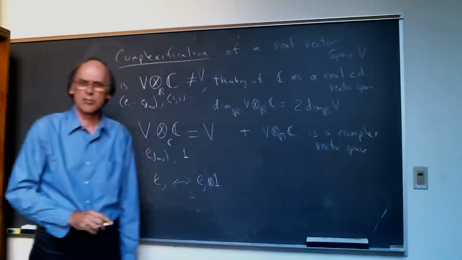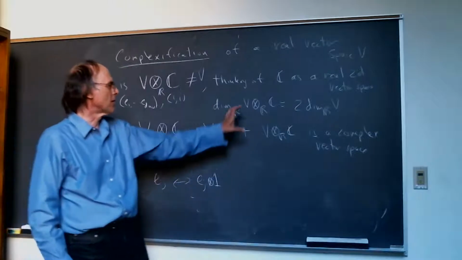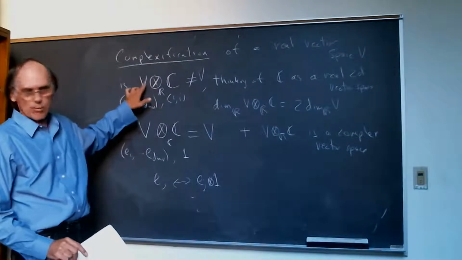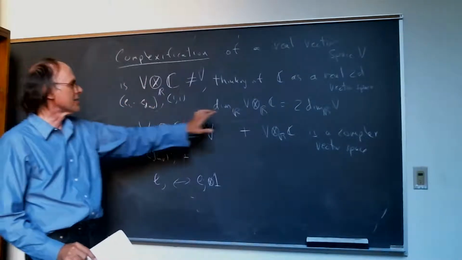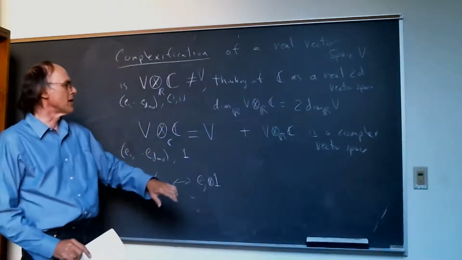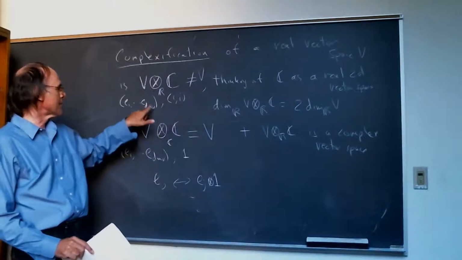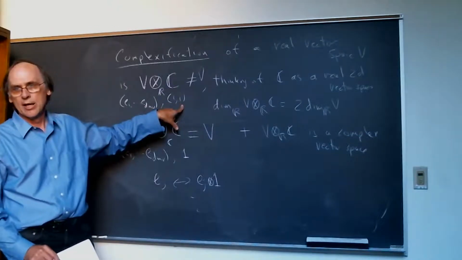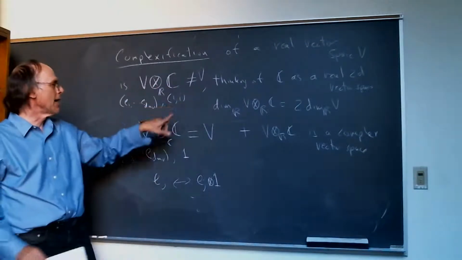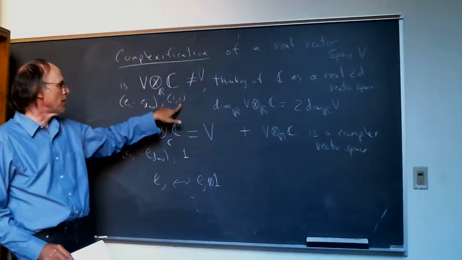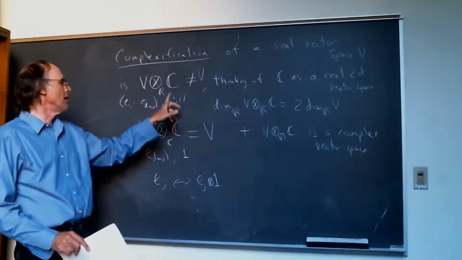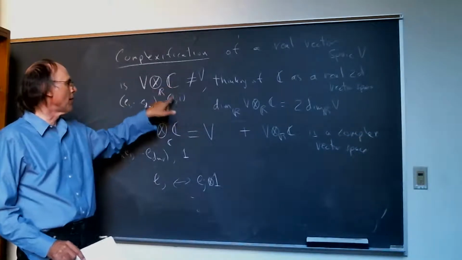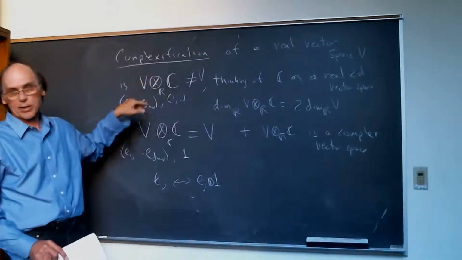This is maybe all kind of confusing, but whenever I say I complexify a real vector space, I mean I'm taking something twice the dimension, with basis elements that are pairs of the original basis elements and 1 and i. The fact that you've got basis elements 1 and i gives you a rule for how to multiply by complex scalars.